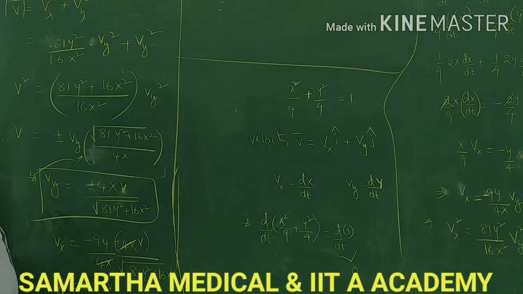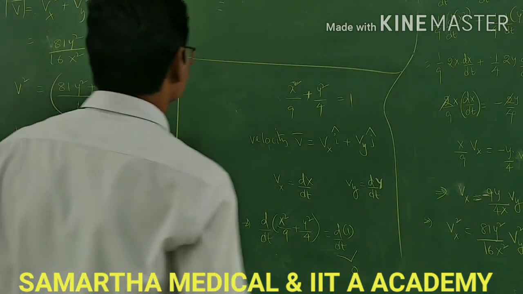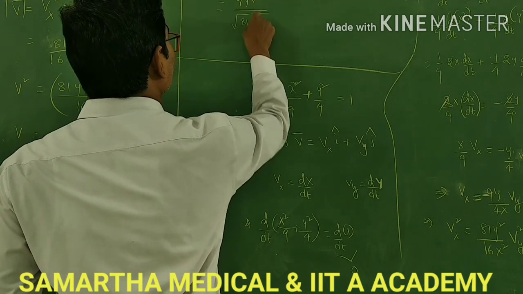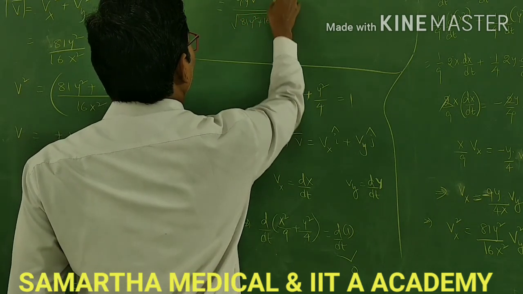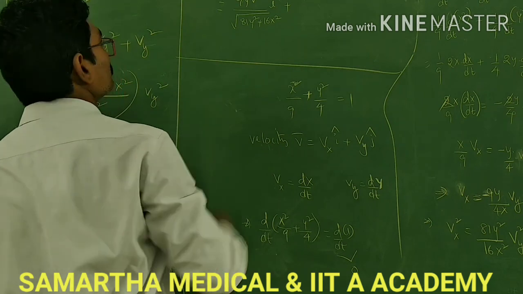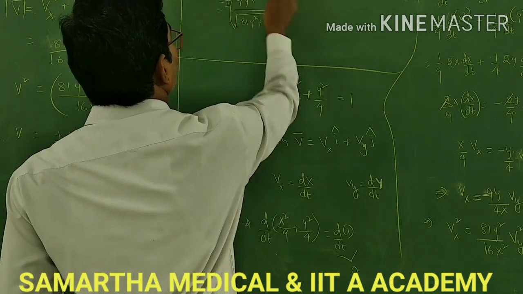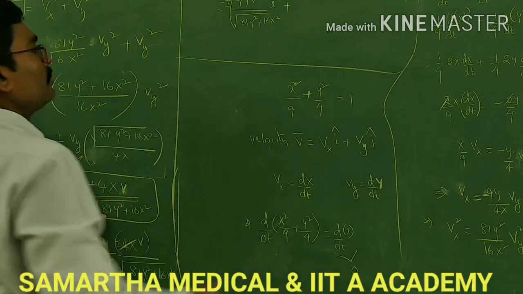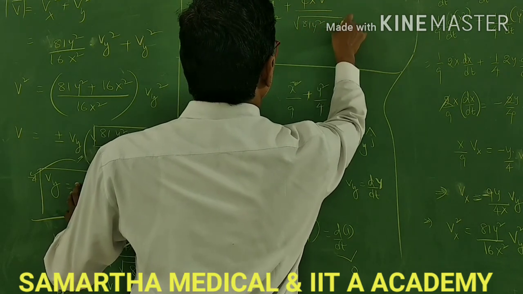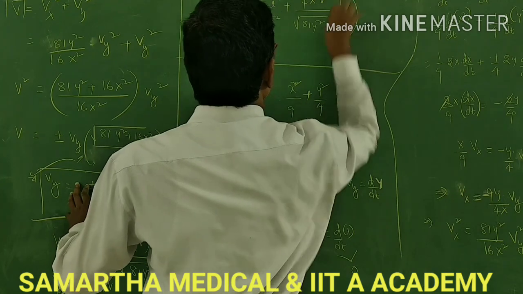What is vx? 9yv by root over 81y square plus 16x square i cap, plus or minus, and vy is 4xv by root over 81y square plus 16x square j cap.